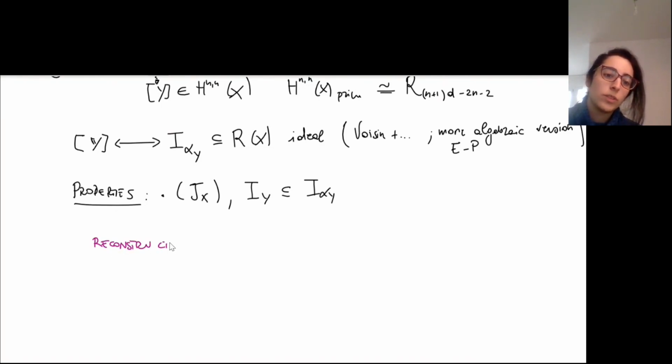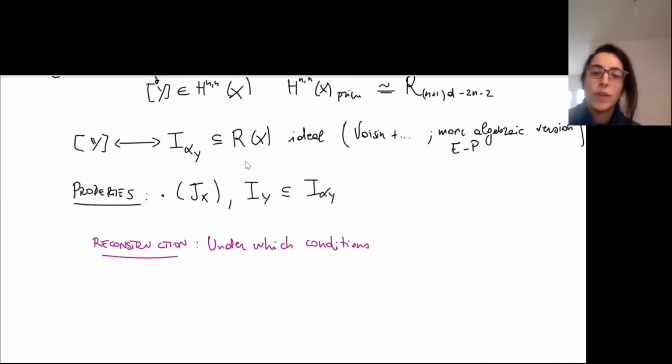So for me, reconstruction here really means under which conditions we have equality here. So the homogeneous polynomials is exactly our ideal. Our polynomials are exactly the polynomials defining Y as a variety.